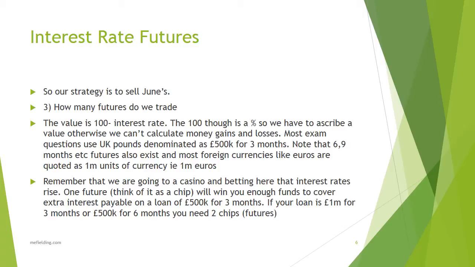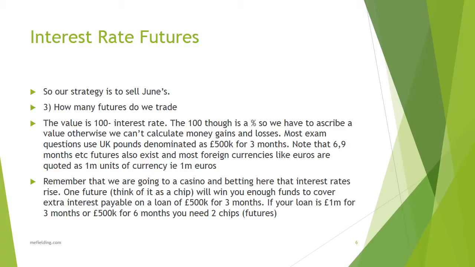It's telling you that contract size is £500,000. So in other words, the chip has a 500,000 principal value. And it's also telling you that the interest rate futures are 3-month futures. What does that mean?